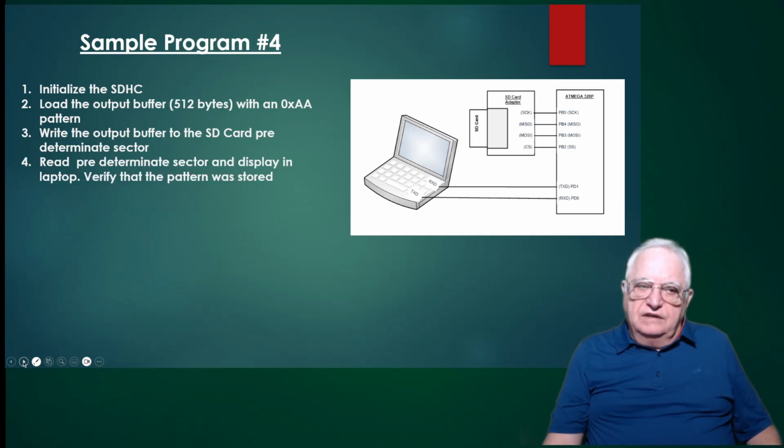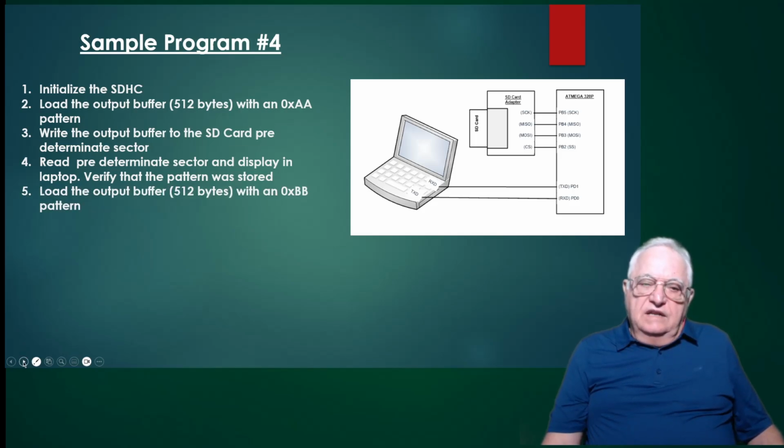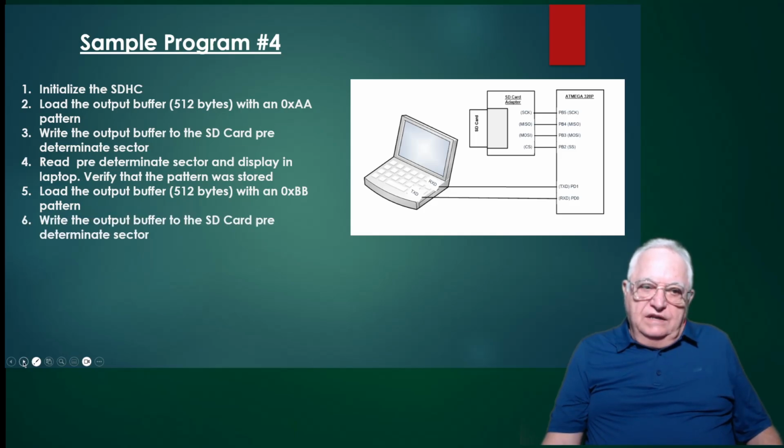Once we've written to the SD card, the next thing we're going to do is read the sector to verify that whatever we wrote got written. Next, we're going to put a different pattern into our output and write it into the SD card.